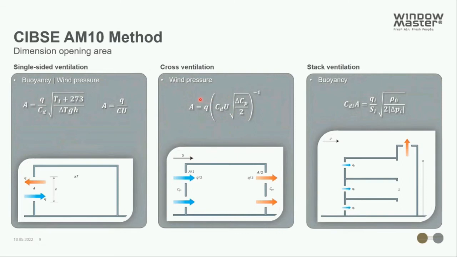Now this CIBSE AM10 method is, I would say, a very great addition to the new ASHRAE 2019. And it's not only great for showing compliance, but it's also just an amazing method of designing your building and finding the correct opening area that you need.